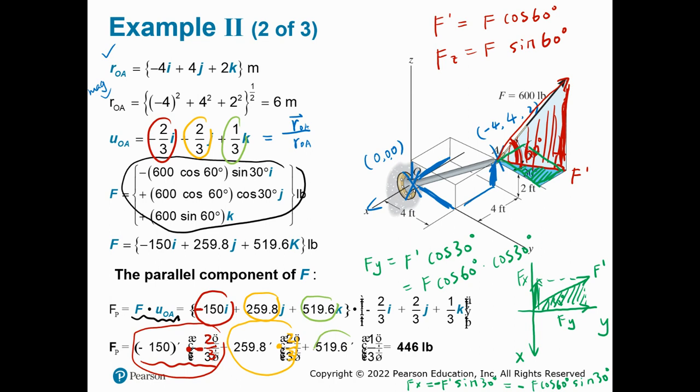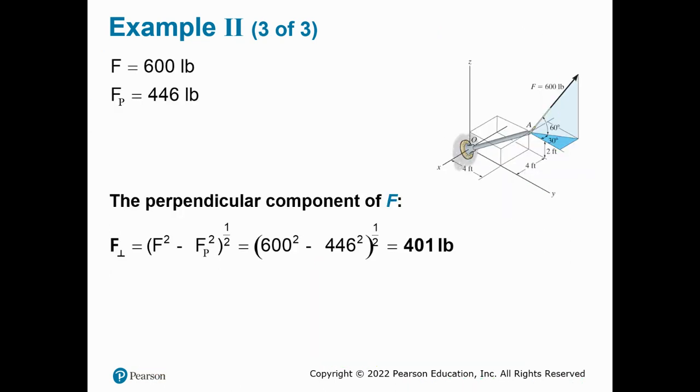So this is trying to say 519 times 1/3. That is the K component. Okay, hope that color code helps you. So dot product, again, I trust you. You can put it in the calculator to verify if it's 446 for the final result scalar.